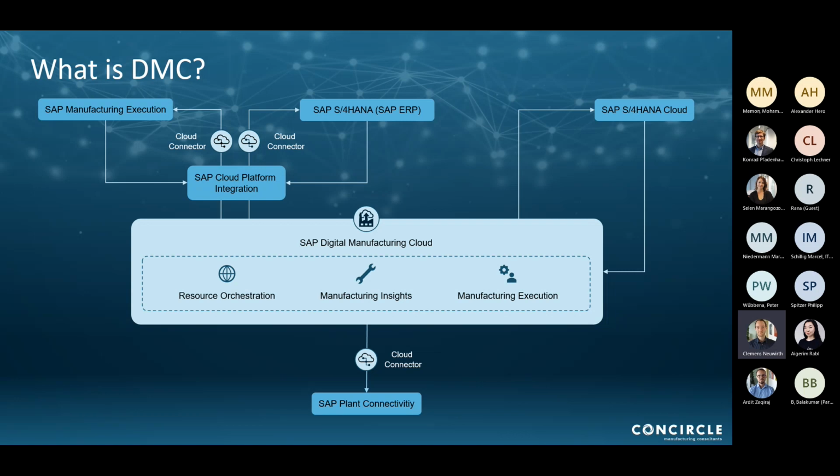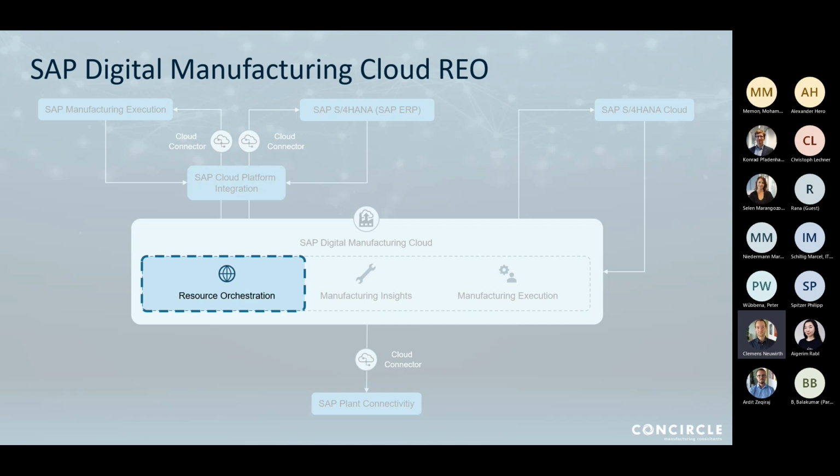So a few words on them. The detailed scheduling can take place in the Resource Orchestration. There it is possible to create detailed scheduling plans for production orders, manually or auto-dispatch orders, and also to track production execution.